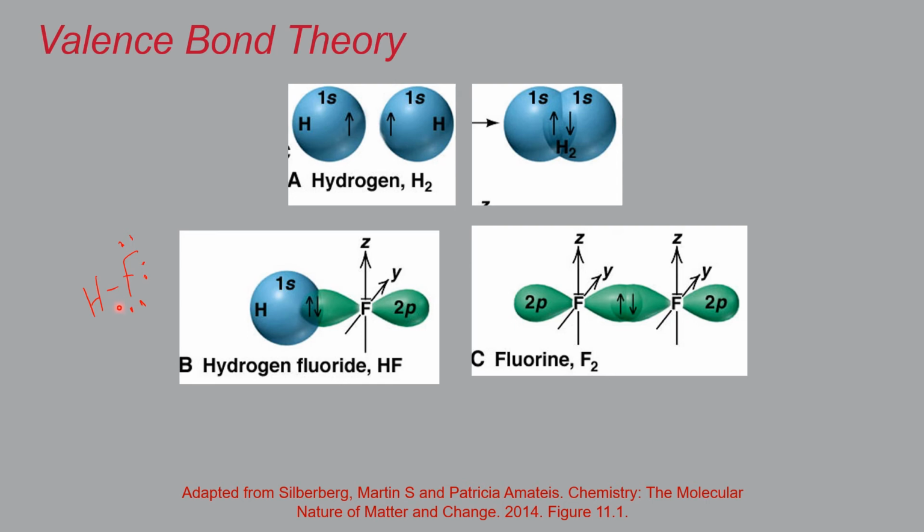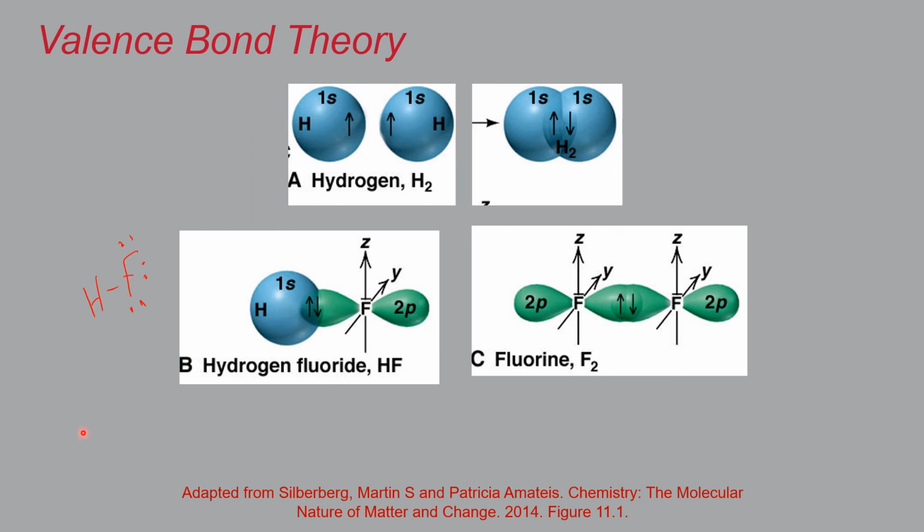And what is the nature of this bond right here? Well, it's the 1s electron and one of the 2p electrons from fluorine, arranged in such a way that the 1s electron is interacting significantly with the fluorine nucleus as well as the hydrogen, and the same goes for that 2p electron. It's interacting with the fluorine atom as well as the hydrogen atom.